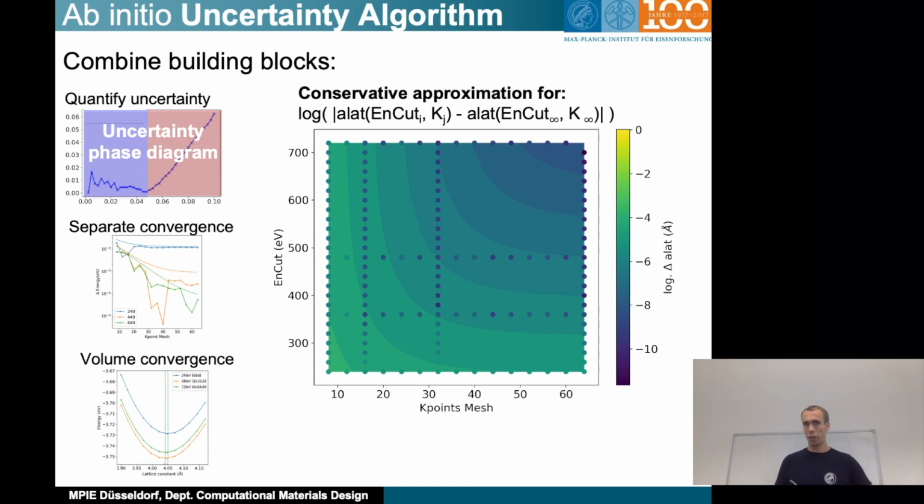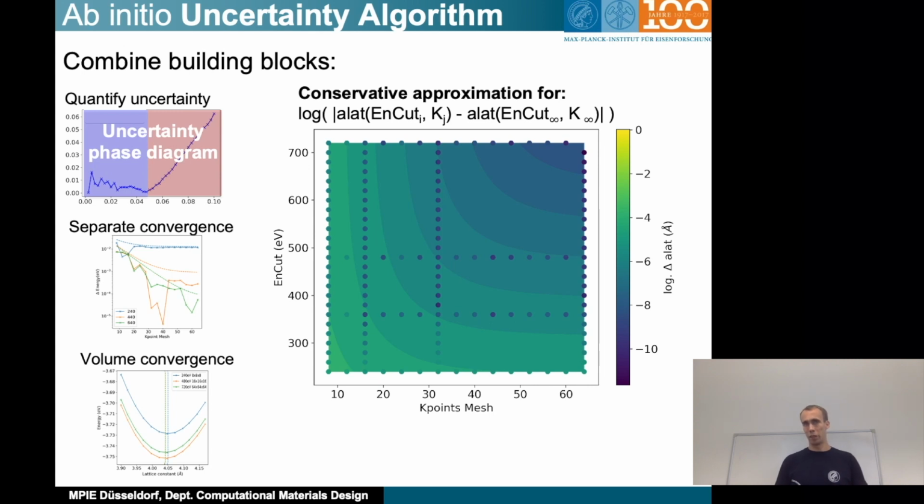On the x-axis, we have the k-point mesh, so 10 by 10 by 10 to 60 by 60 by 60. On the y-axis, we have the energy cutoff, and we now see, okay, if we increase both parameters, how does the convergence at this point regarding the error in lattice constant change? And okay, we see, with high convergence parameters, we have the highest convergence.